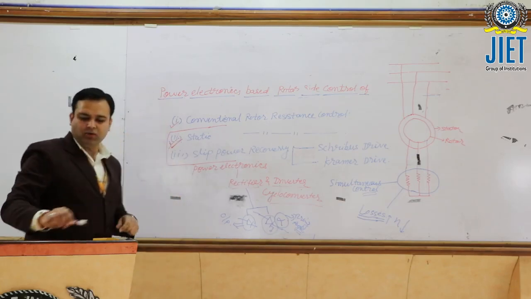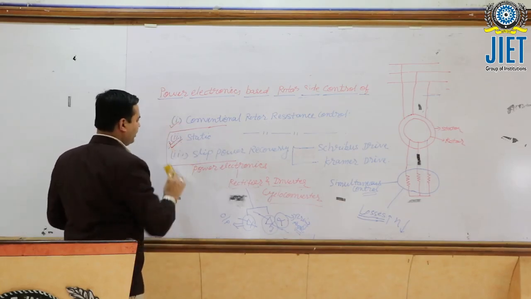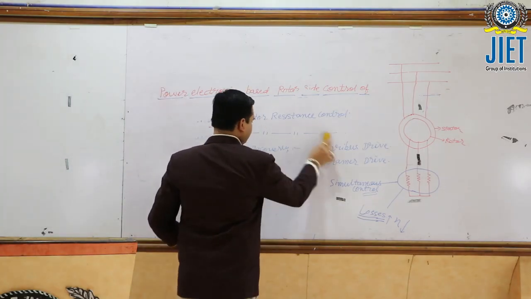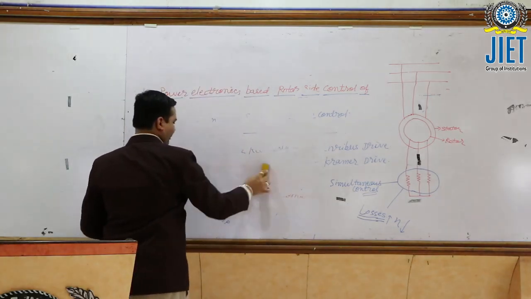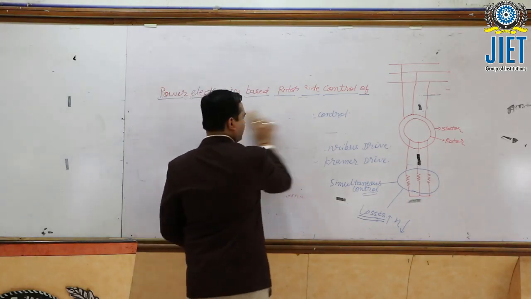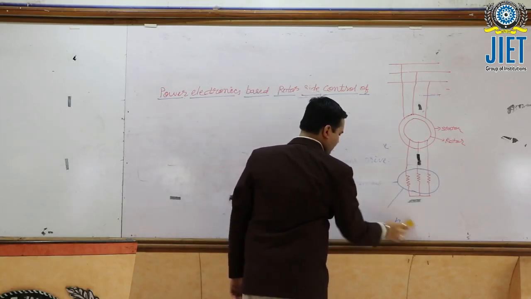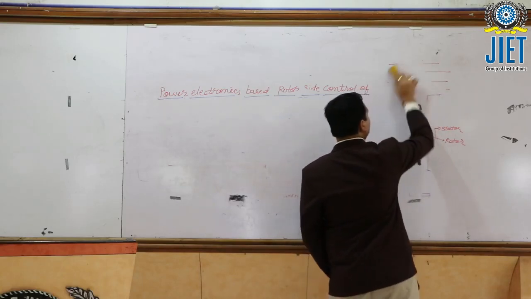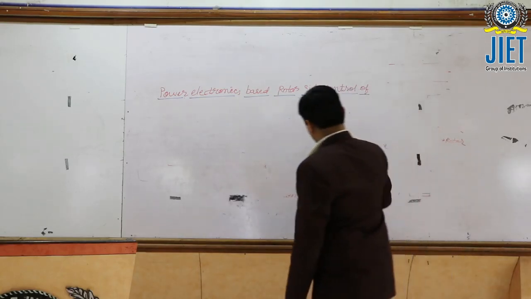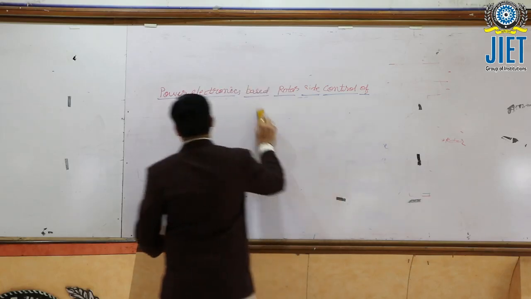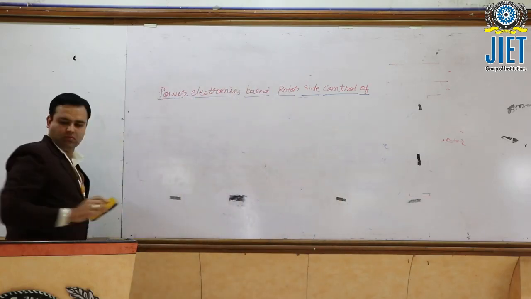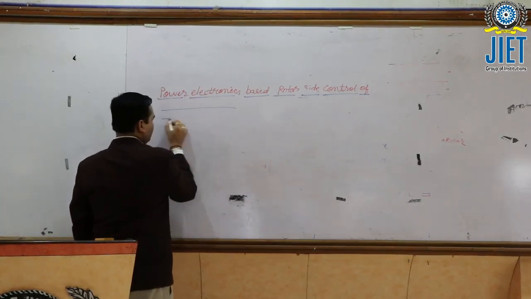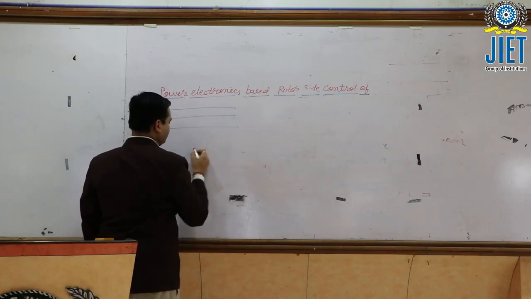So for static rotor side controlling, we are talking about the second method, that is the static rotor side controlling of the induction motor. Now we will discuss the basic circuit of static rotor side controlling of the induction motor. This is the three-phase supply which is given to the stator of an induction motor.